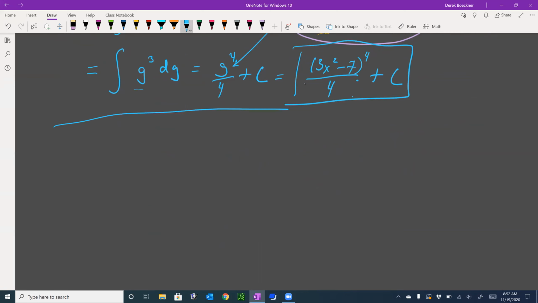Okay. So let's try a couple more of those. Let's look at the indefinite integral of (2x squared minus x plus 1) to the 4th, and then 8x minus 2 dx.